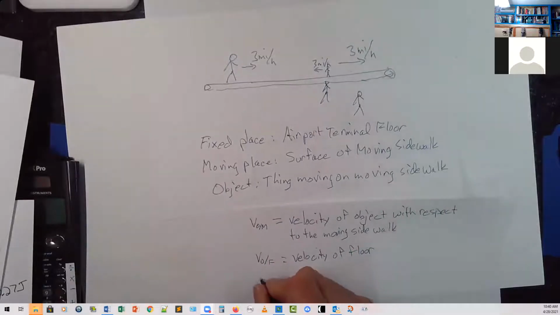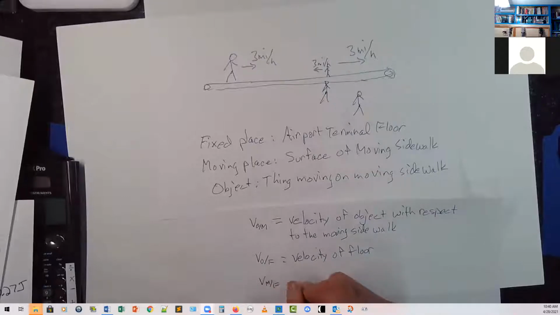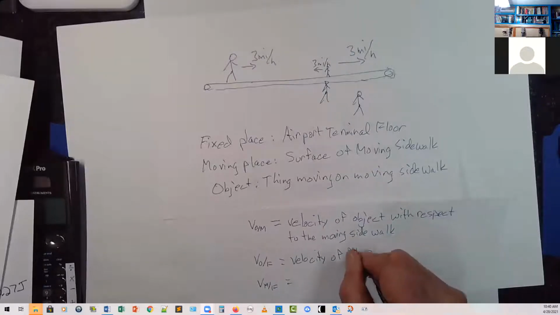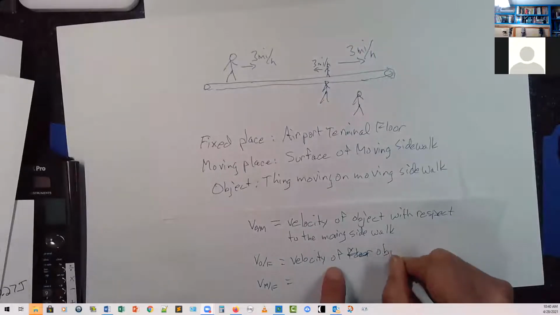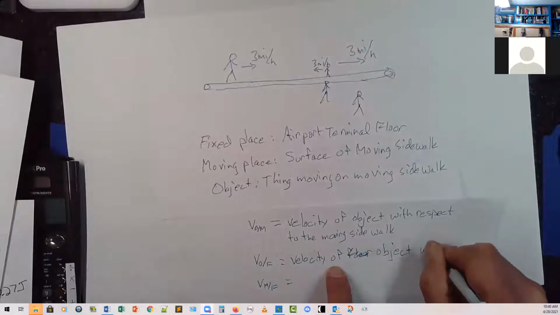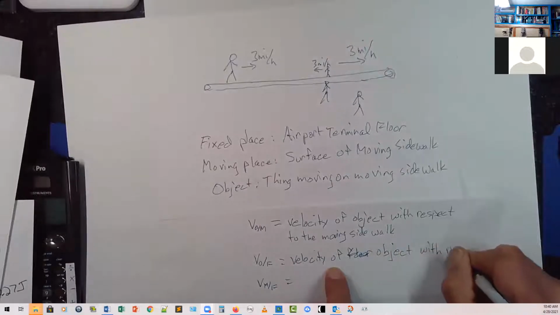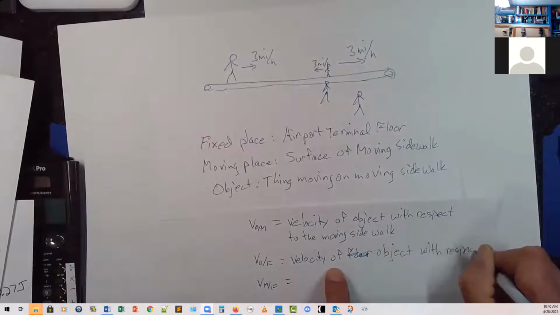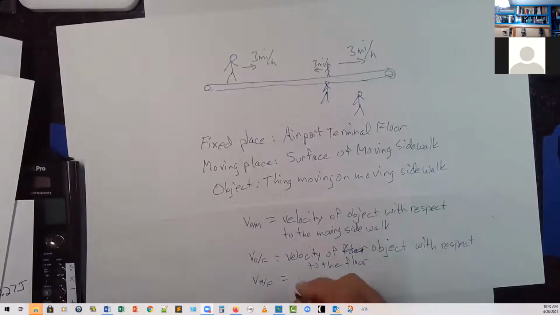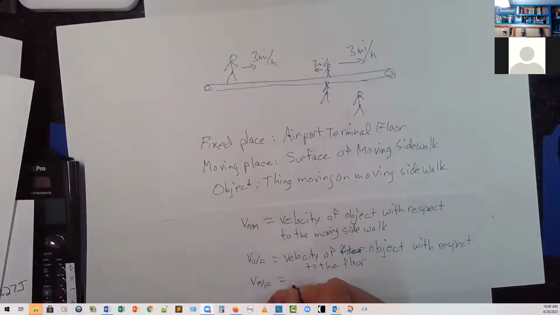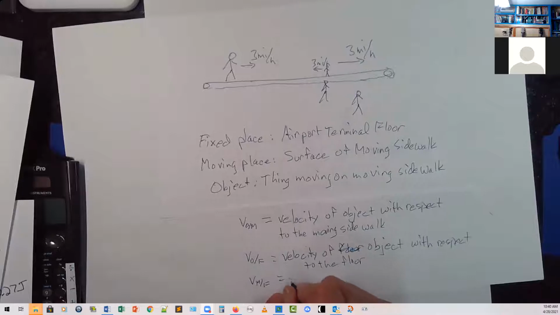And then I'll also have the velocity of the moving sidewalk with respect to the floor. Whoops, of object. I got to thinking and forgot to finish this. Velocity of the object with respect to the floor. And then I've got the velocity of the moving sidewalk.